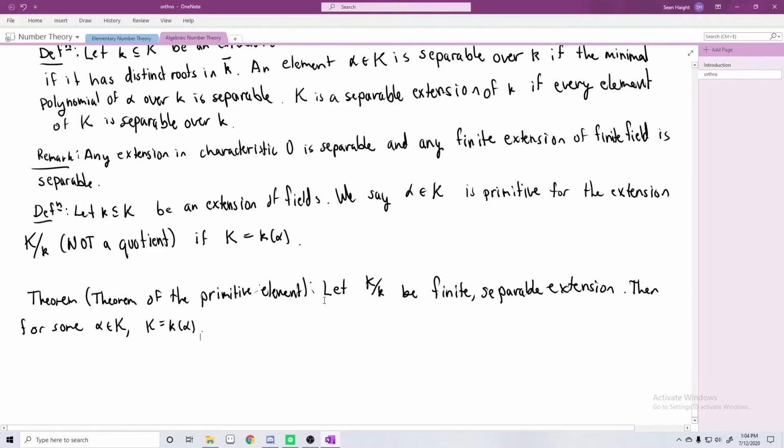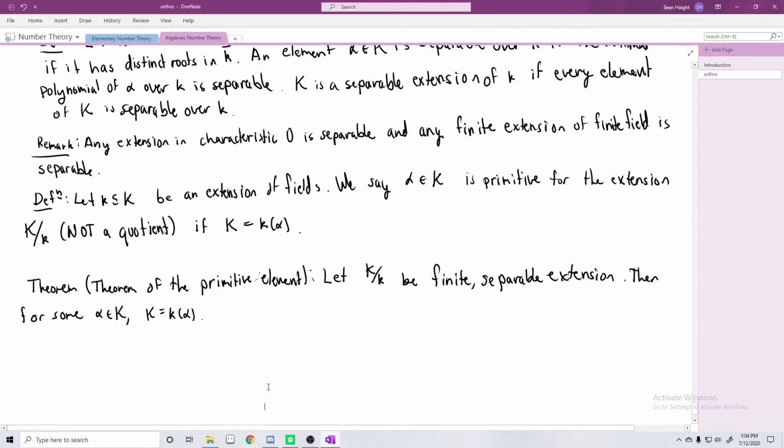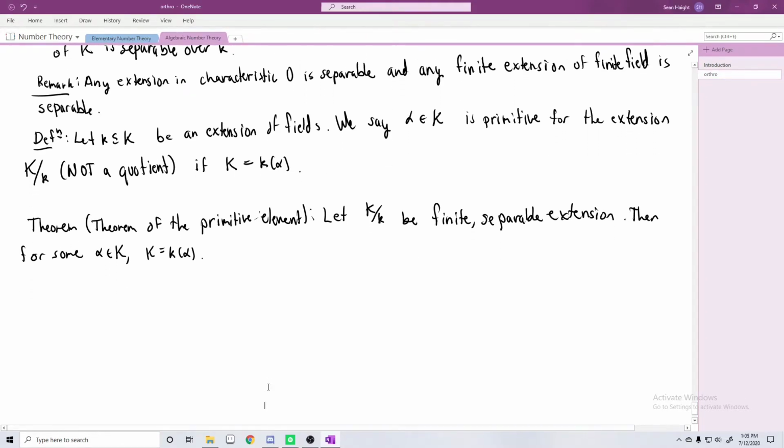Okay. So essentially one way to view this is as a classification theorem for finite separable extensions of fields.